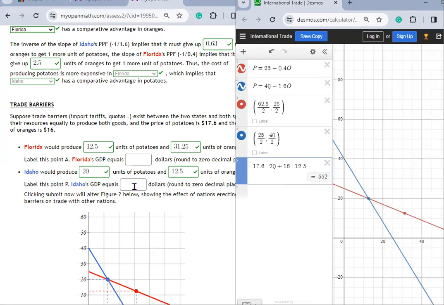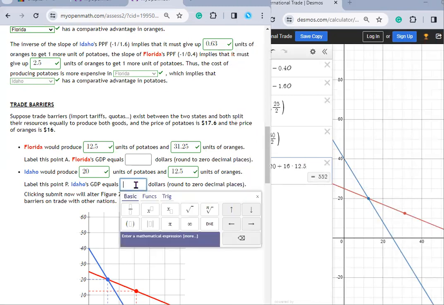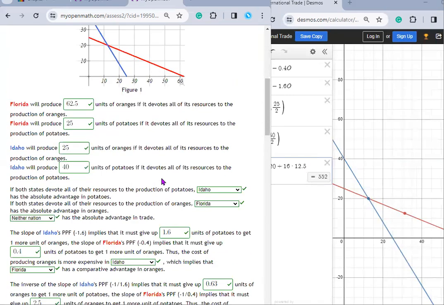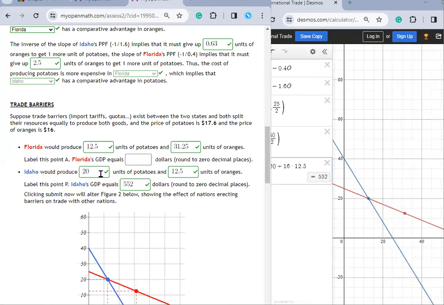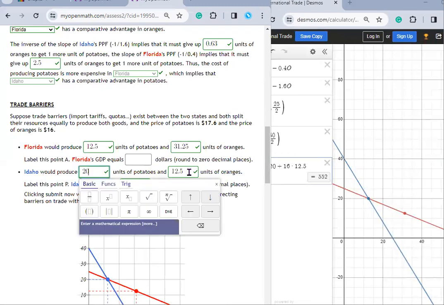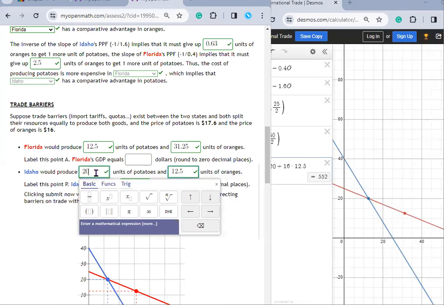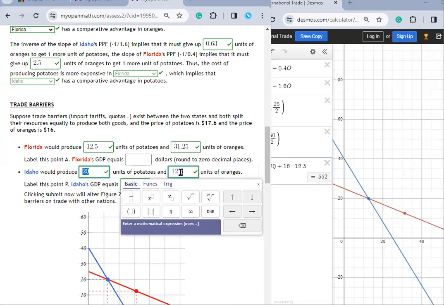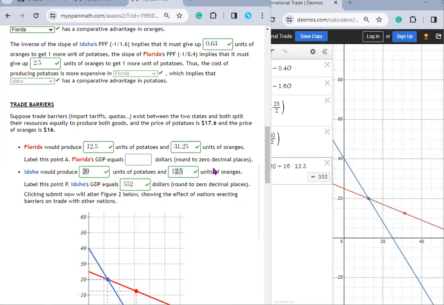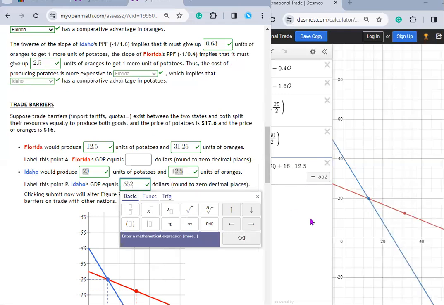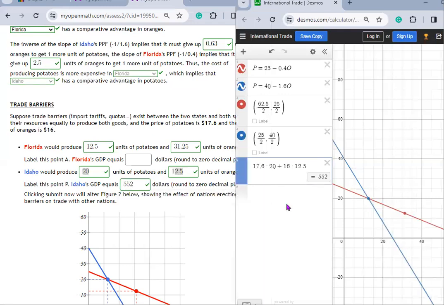So its GDP is valued at $552. Now we can't add potatoes to oranges. We can't add apples and oranges, right? But we can add the dollar value of potatoes to the dollar value of oranges, right? We can add dollars to dollars, and that's what we're doing here, right? And you can think of this as the GDP of Idaho, because Idaho's a two-good economy, right?